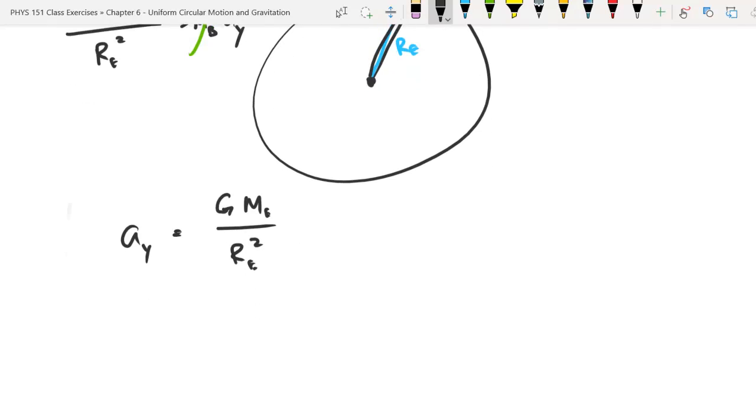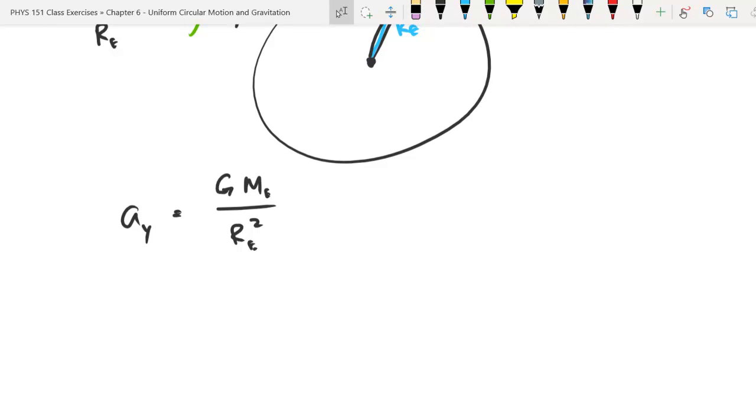So I will leave it to you to plug this in. Look up the mass of the Earth. This should be in kilograms, because the units of this are in kilograms for newtons. And this should be in meters. Take the mass of the Earth in kilograms and the radius of the Earth, square it.